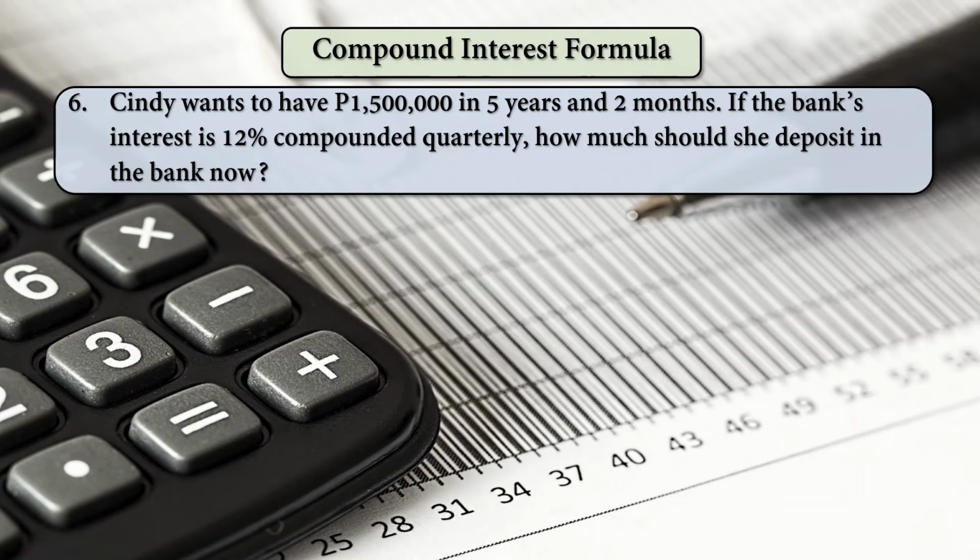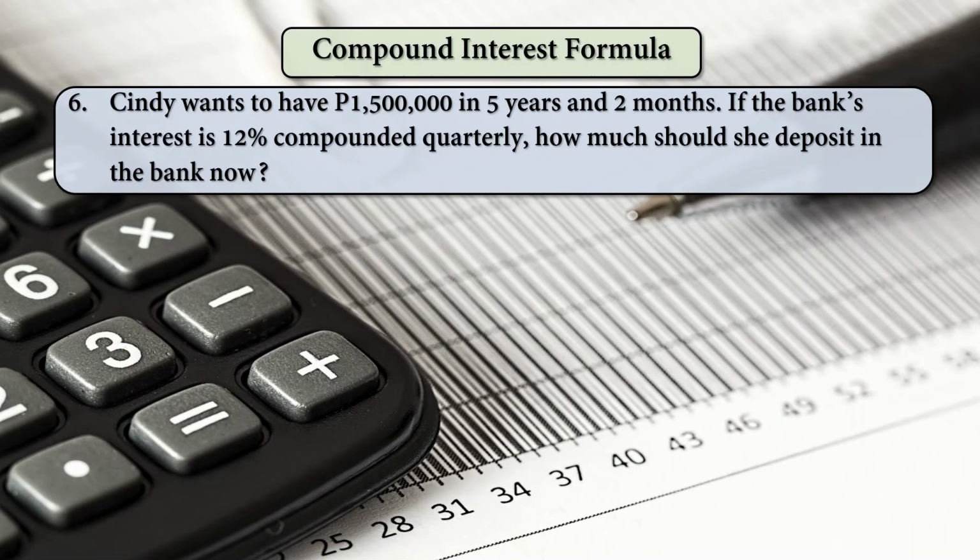The next example, Cindy wants to have 1.5 million in 5 years and 2 months. If the bank's interest is 12% compounded quarterly, how much should she deposit in the bank now?